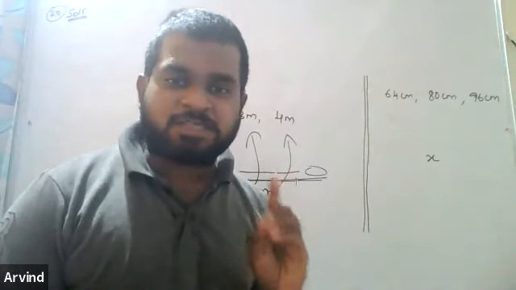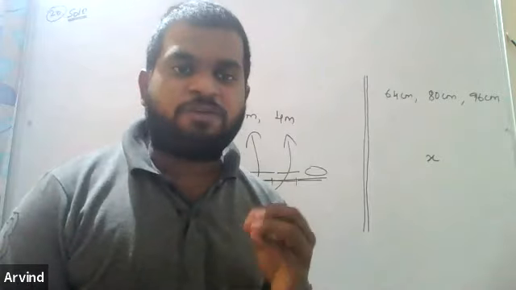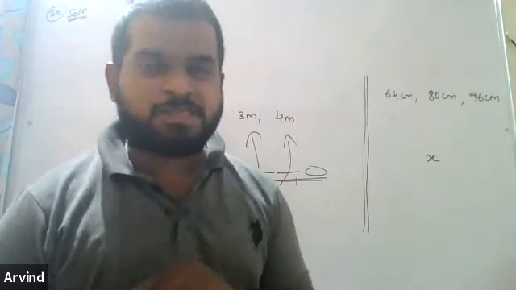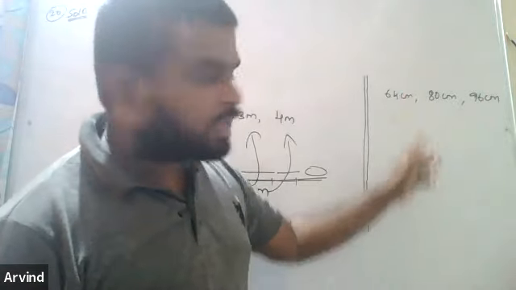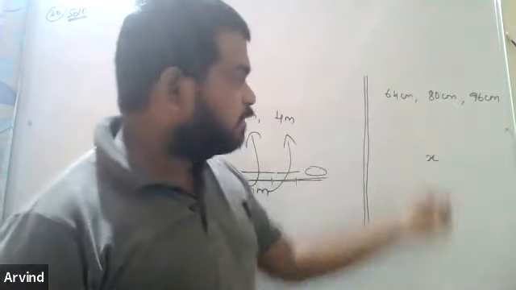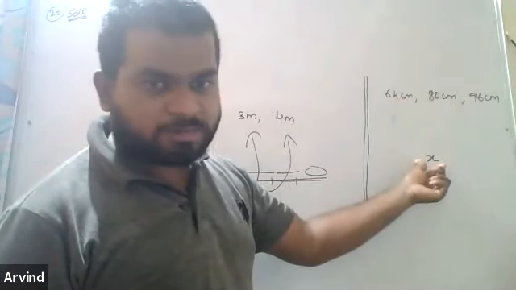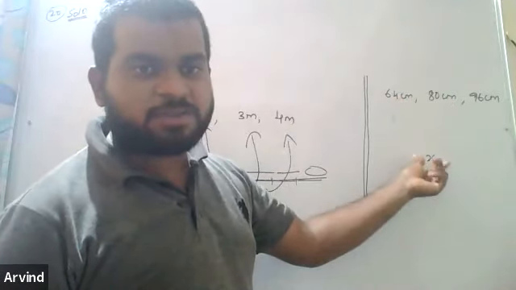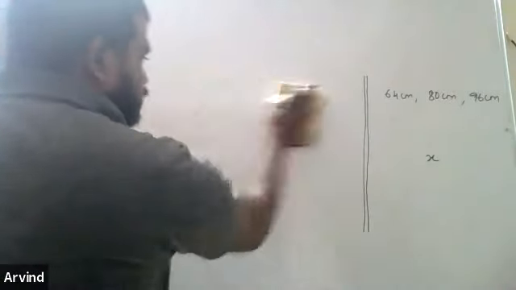In the very first class I have told you, if it is a dividend, we have to find the LCM. Is this clear for everyone? I hope you guys have understood that.